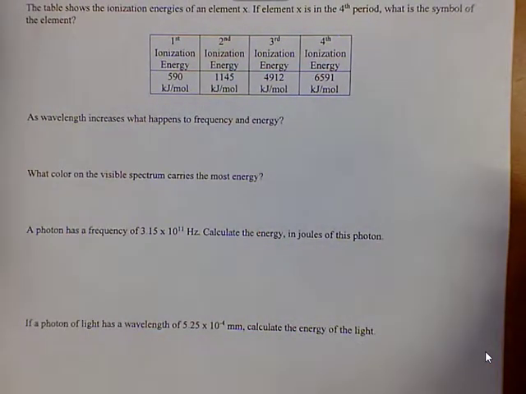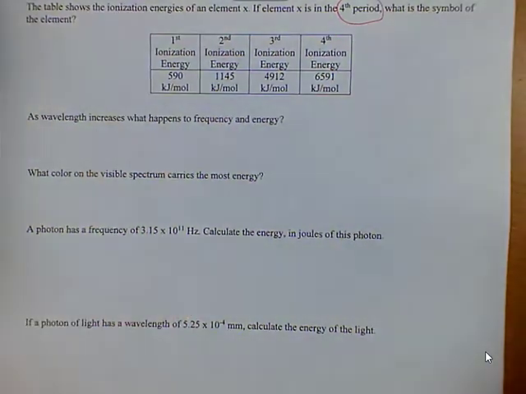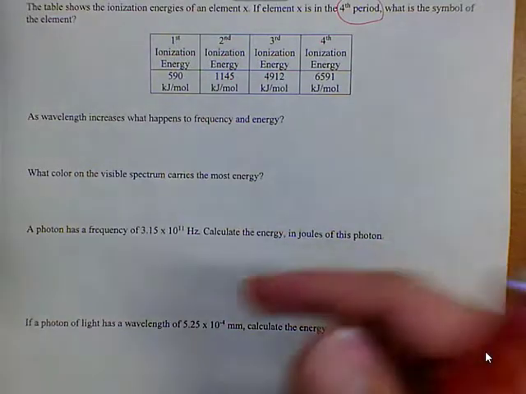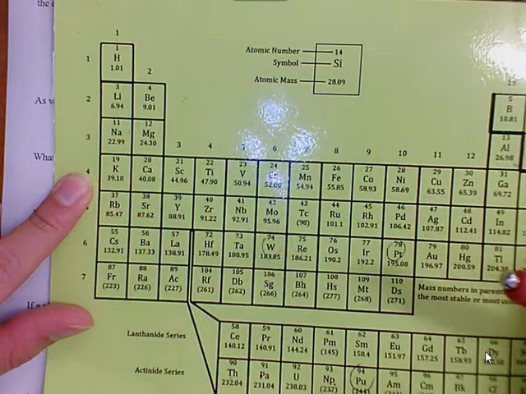Here I have an ionization table. So it tells me the first, second, third, and fourth ionization energy. It also tells me that the element is in the fourth period. So if it is in the fourth period, I should only be looking at elements in here. That's the only place I should be looking, because it's in the fourth period.